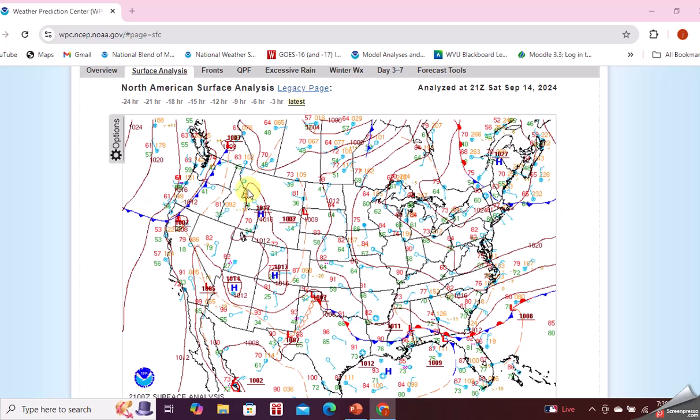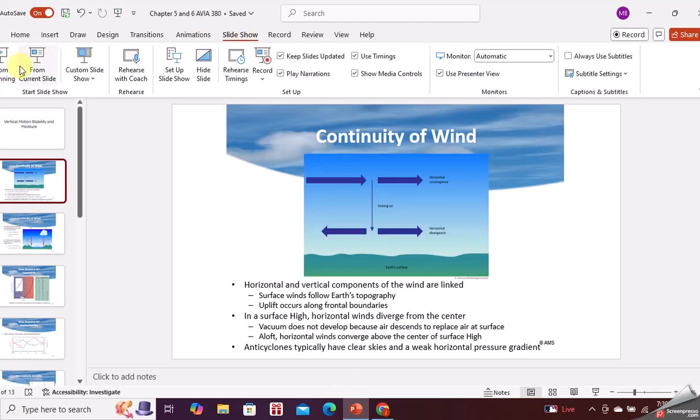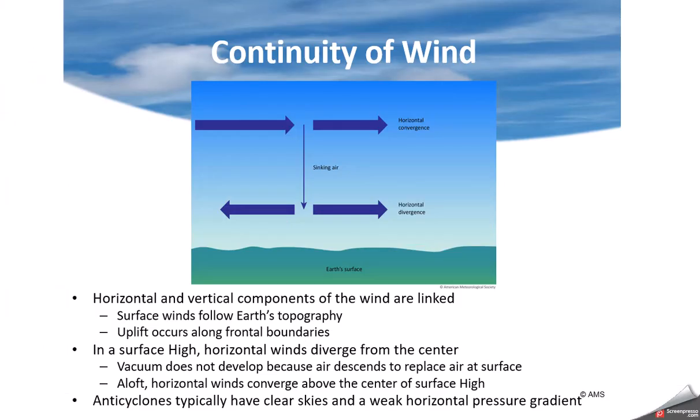So now that we've talked about this, let's move on to a few extra points I want to make. I want to talk about continuity of the wind. The atmosphere goes together as one big thing.